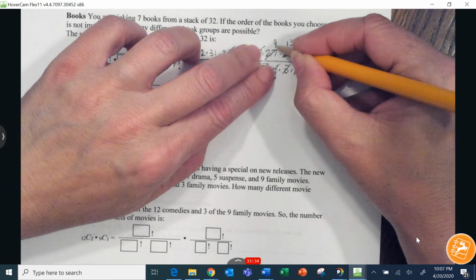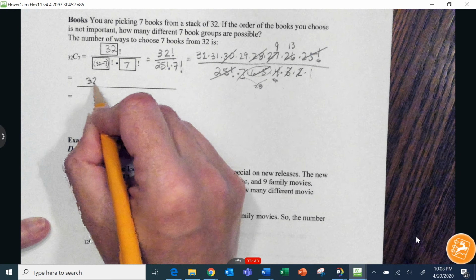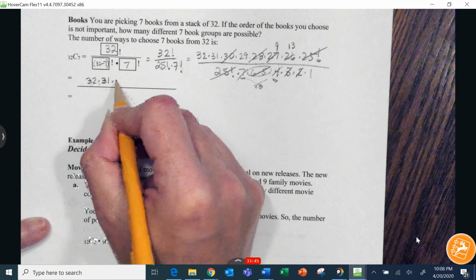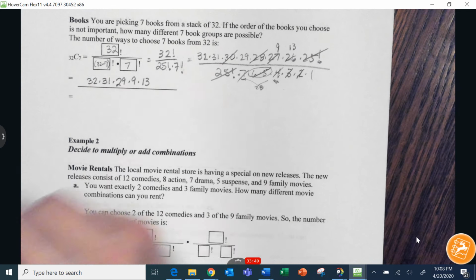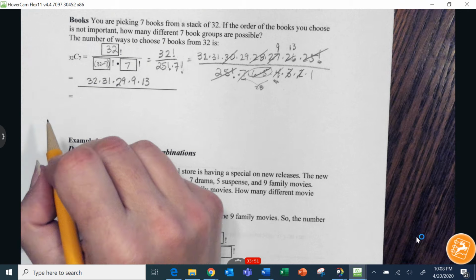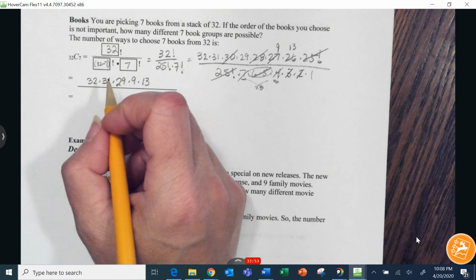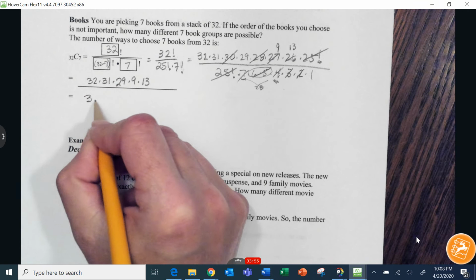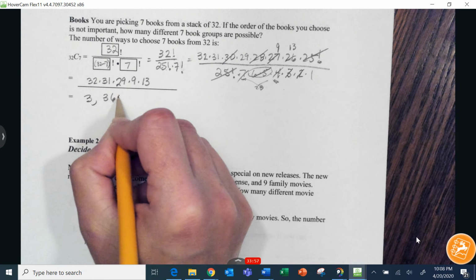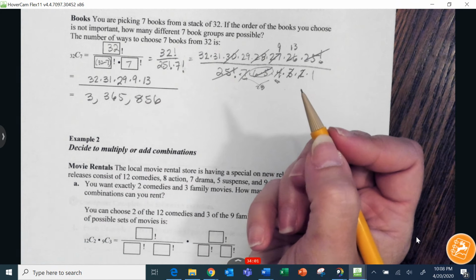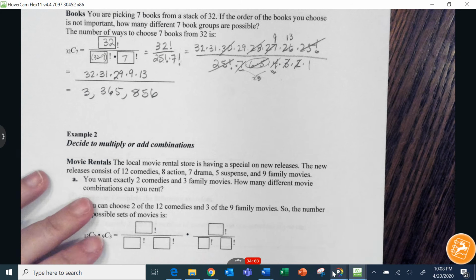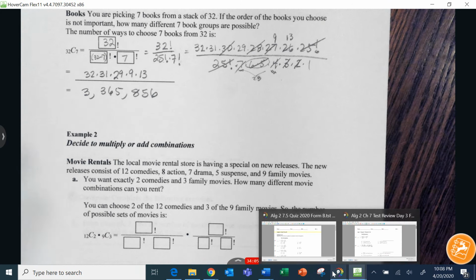So really what I will type into my calculator now is I have canceled out everything in the bottom. I'm going to be typing in my calculator 32 times 31 times 29 times 9 times 13. Type that in your calculator to get 3,365,856 different ways you could pick 7 out of 32 books.